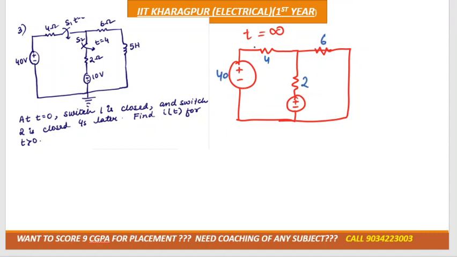Okay, now in this condition the switch will be closed. So in this case current is flowing, IL of infinity, right? So now we can simply use KVL, I1, I2.